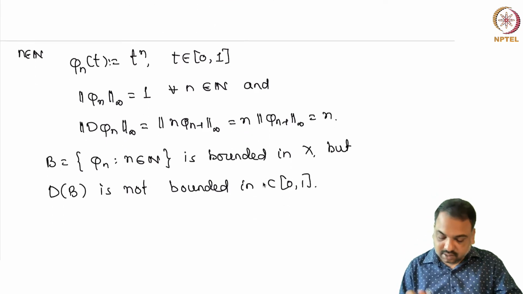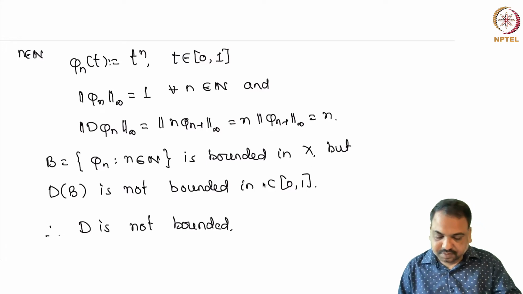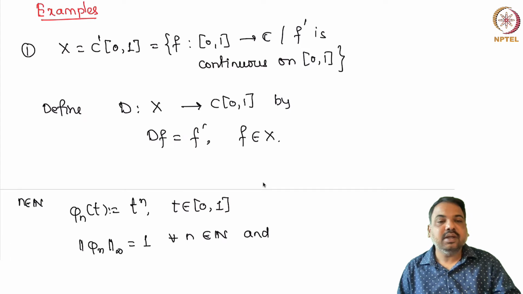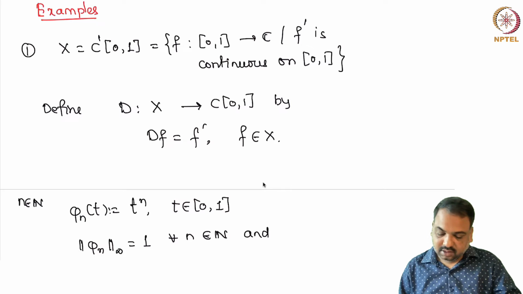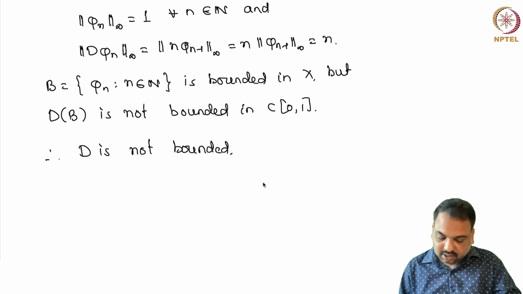Hence we can conclude that D is not bounded. Okay, so if you observe, the domain of this operator is C'[0,1], which is not a Hilbert space, and the codomain also we have taken with respect to the sup norm. C[0,1] with the sup norm is not even an inner product space. So this example is between two normed linear spaces.